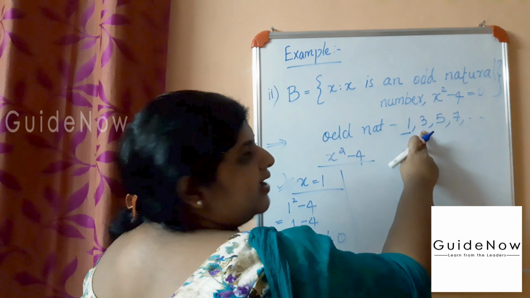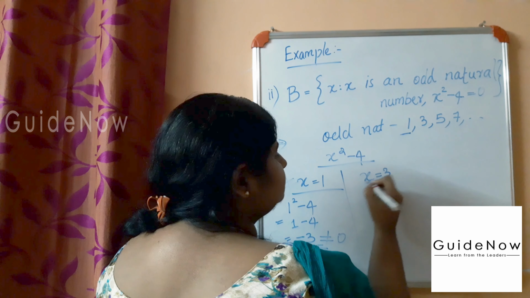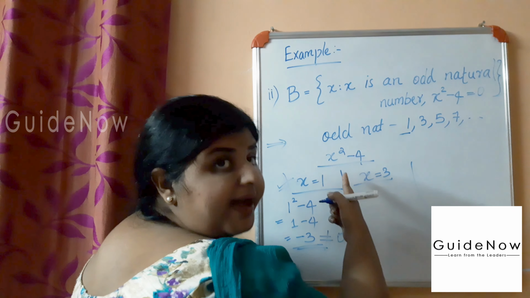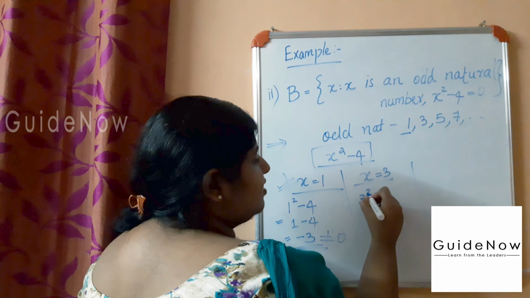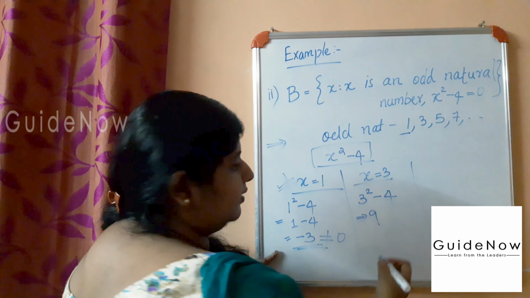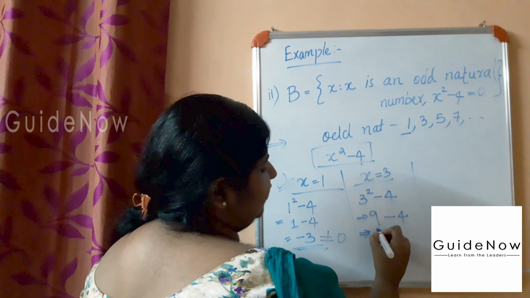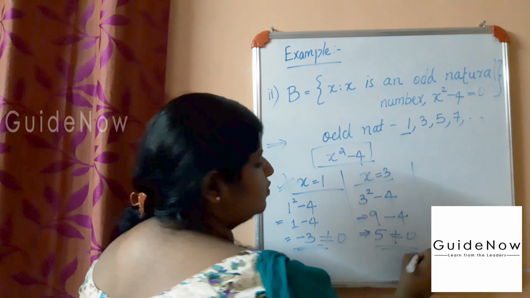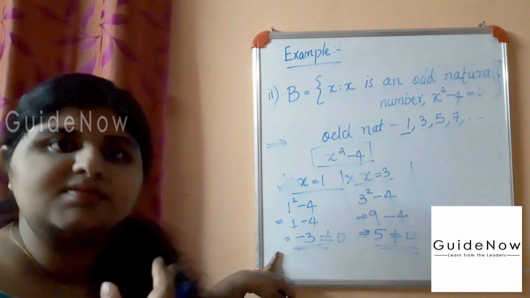Next, x is equal to 3. Let us check. 3 square minus 4: 3 square is 9, and 9 minus 4 is 5. That is not equal to 0, so x equal to 3 does not satisfy this condition.